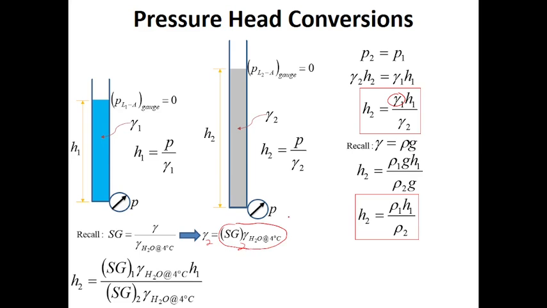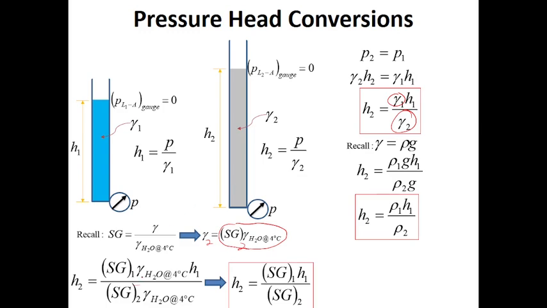So the specific weight of liquid 2 equals the specific gravity of liquid 2 times the unit weight of water at 4 degrees Celsius. So this can now be replaced by SG sub 2 times the unit weight of water at 4 degrees Celsius. So we have this one, and this will now be the simplified form.